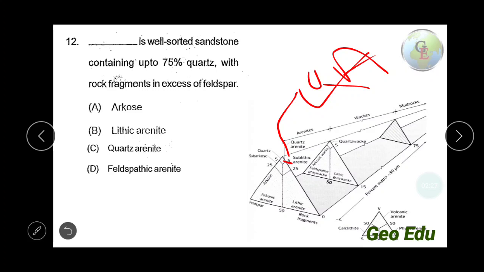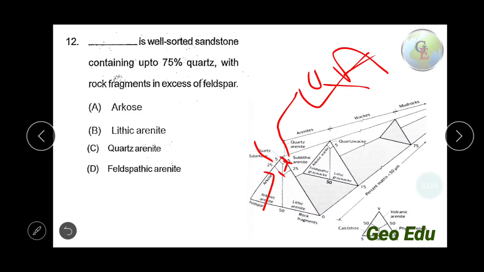Next to this is subarkose. Subarkose consists of more than 75% quartz and up to 25% feldspar and rock fragments. This is subarkose, and this is the arkose field. And this field fulfills our criteria, that is, less than 75% quartz and rock fragments in excess of feldspar.